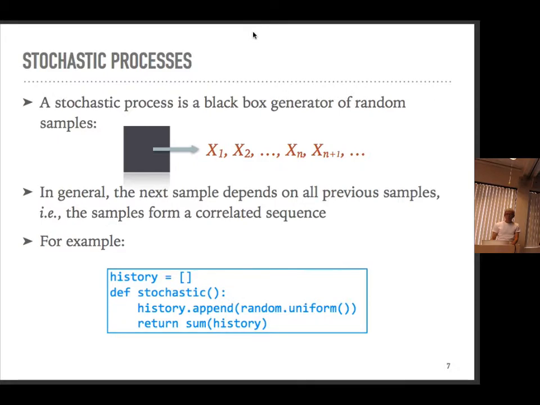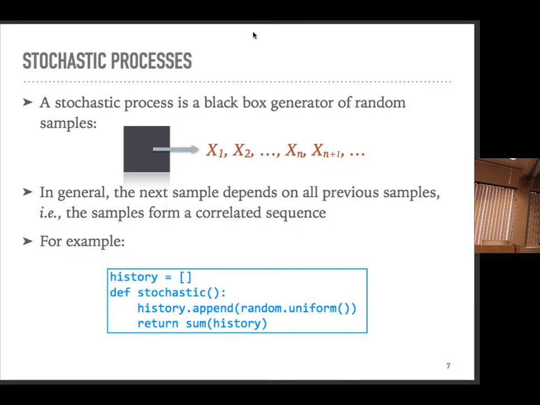Okay, so let's start with the beginning. A Markov chain is a type of stochastic process. Stochastic is just another word for random. A stochastic process is just some black box that spits out random samples, a whole sequence of numbers.